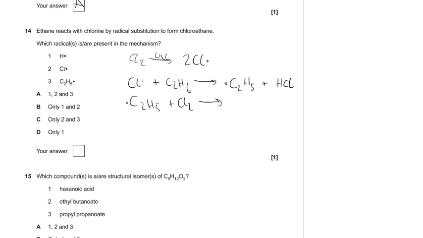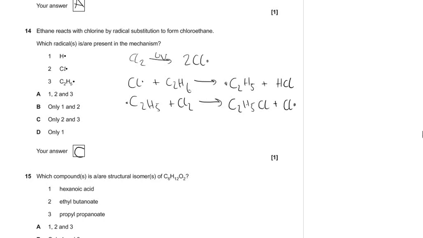So let's get my unpaired electron there to form C2H5Cl plus a Cl radical. So as we can see, we do not at any stage form a hydrogen radical. So the answer here must be C, only 2 and 3.